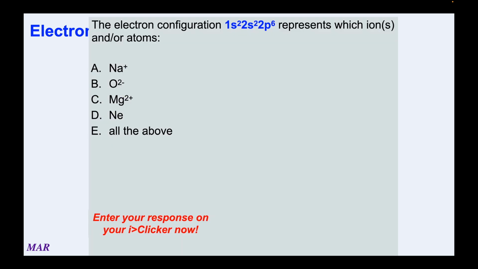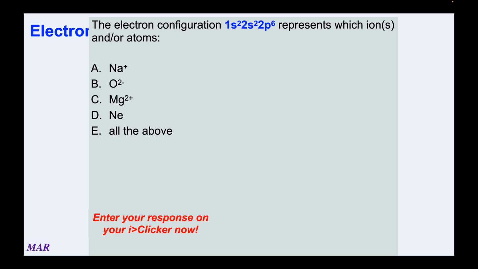Here's an example of a question you might see. The electron configuration 1s2, 2s2, 2p6 represents which ions and/or atoms? We've got the sodium ion, the oxide ion, the magnesium 2 plus ion, the neon atom, or all the above. One thing you could start with here is adding up the superscripts like we talked about. 2 plus 2 plus 6 is 10.